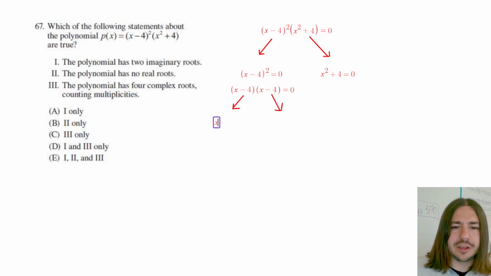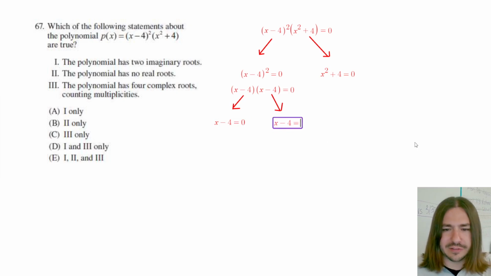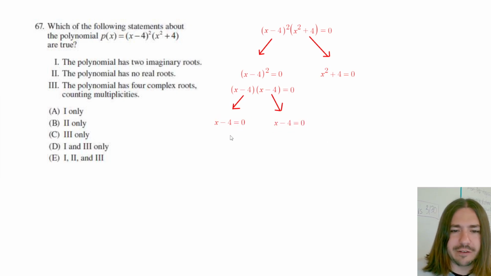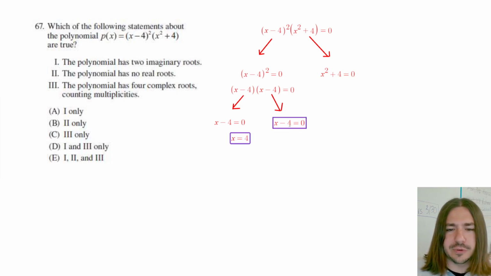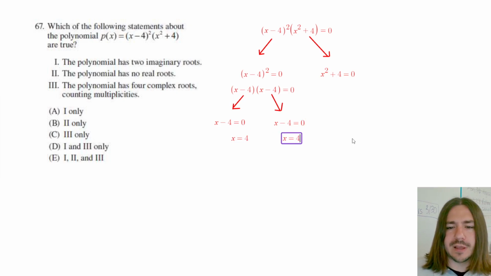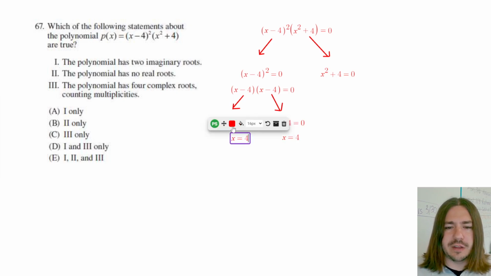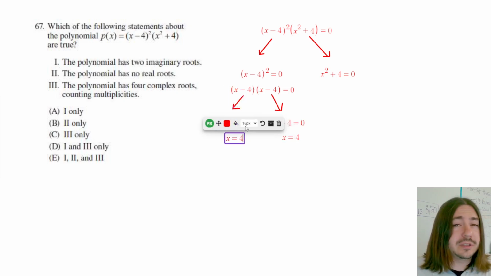Now you might be thinking to yourself, why would you do that? Obviously we're going to get the same answer here. If I add 4 to both sides of this equation, I'm going to get x = 4. And yeah, I do get that twice. The only reason I'm going to actually solve for that 2 times is because this gives me information about the multiplicity of the root.